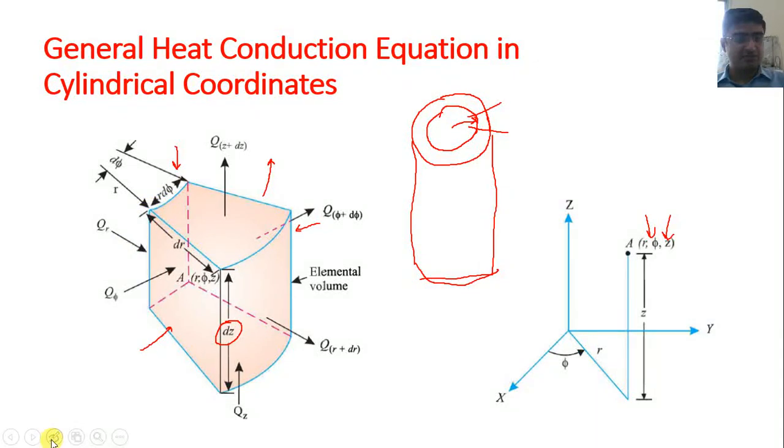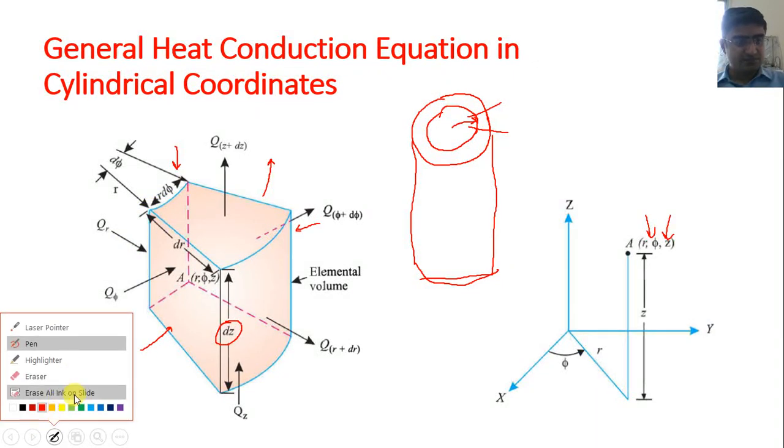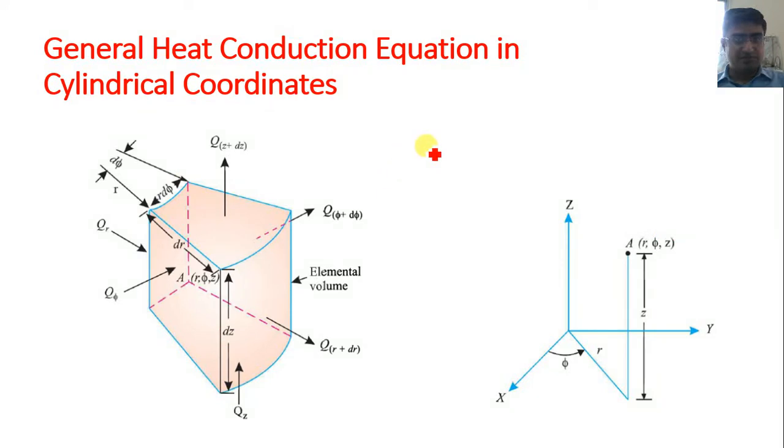For that you have to understand this. First of all, say here is a circle, and here is the radius of the circle, which is r.